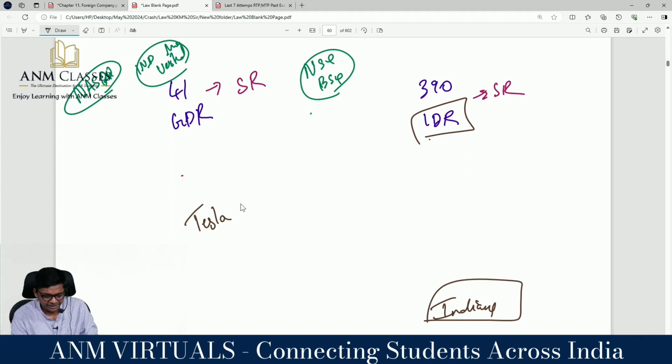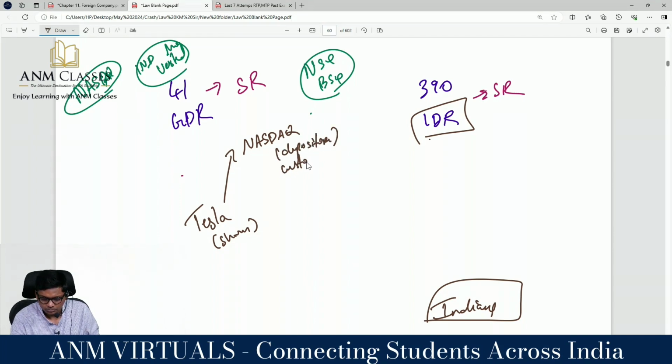This Tesla company will give its shares to Nasdaq. There they will have their own depository, or we call it a custodian bank. Make it simple. They will give the shares to Nasdaq.